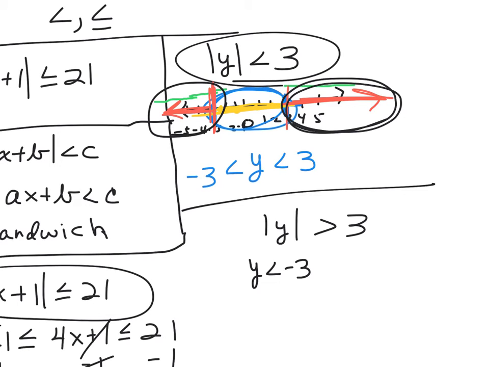Now, did you hear the word or? If either one of these two things is true, if y is less than negative 3, or if y is greater than 3, then when I take the absolute value, I'm going to get something greater than 3. What am I getting at? Absolute value with greater than is a disjunction, which makes it a union.